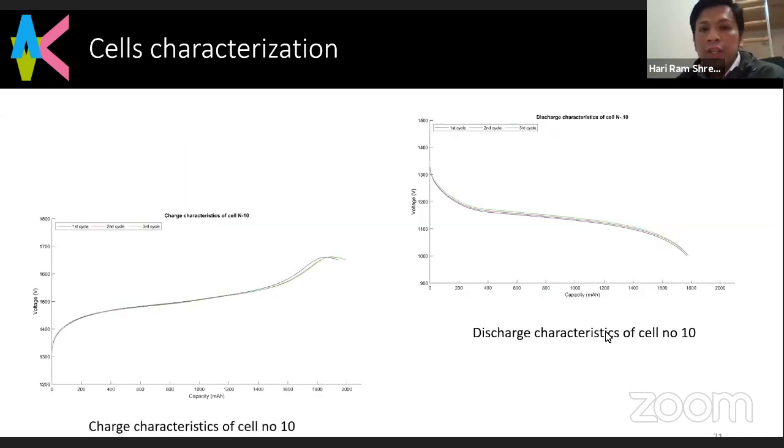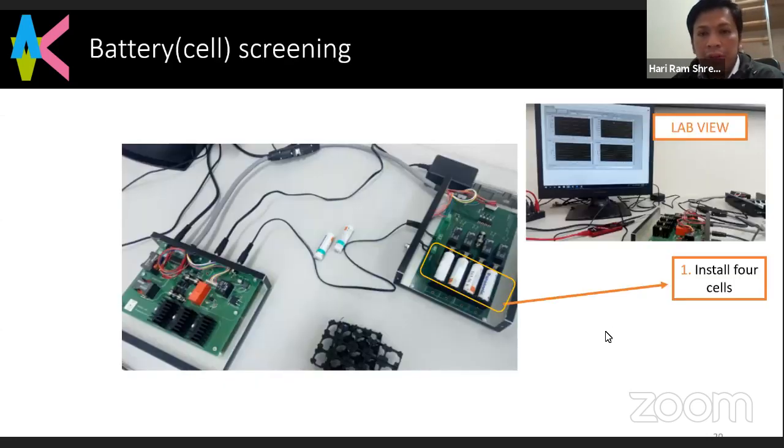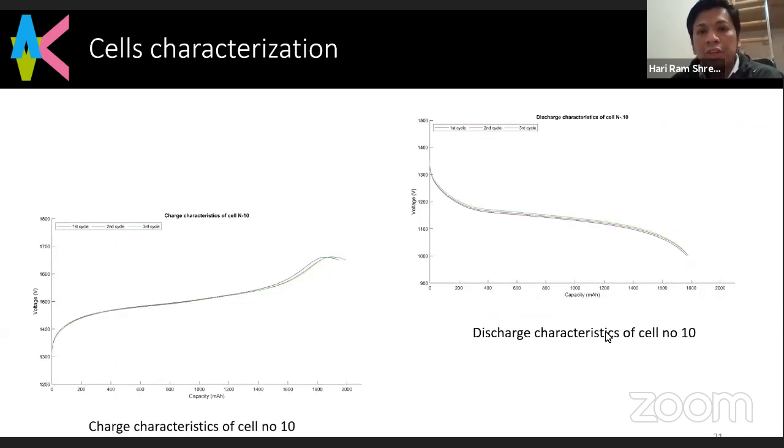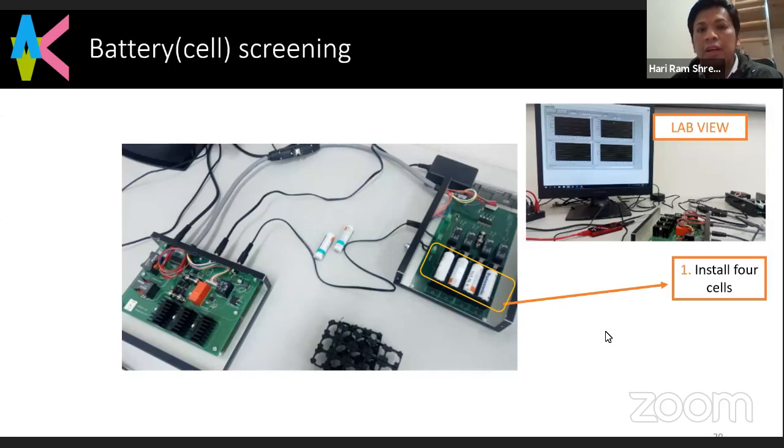This is the result I got from this charging and discharging system. Actually, we developed this system without an electronic load. In previous satellites we used an electronic load and a DAC method. But now we developed this system without the need for a DAC or an electronic load, because the resistance and load part is also included in the cell switcher part.